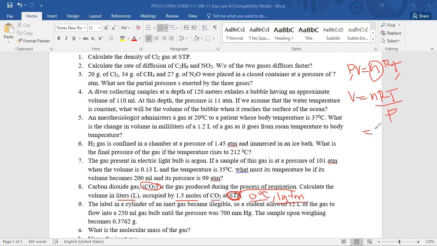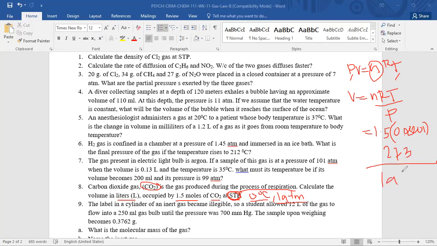Ilan yung number of moles sa given? 1.5 moles. Ano yung R? 0.08201. Ano yung temperature? Temperature na given, 0 degrees Celsius kasi STP tayo. So, multiply natin by 273 divided sa pressure.